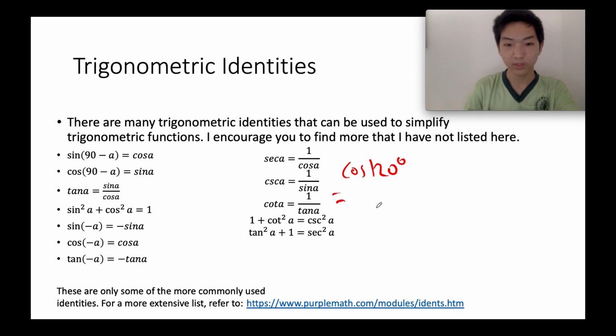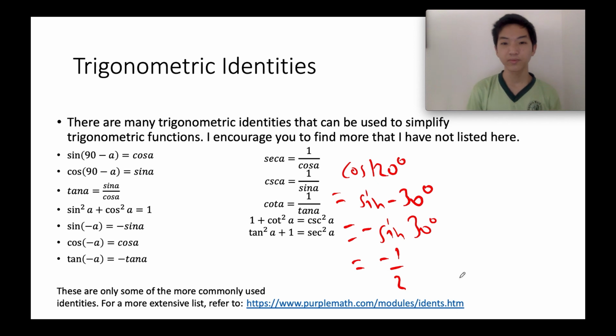So that would be sine of 90 minus 120, which is negative 30 degrees. Then we have sine of negative alpha equals negative sine alpha. So that means sine of negative 30 is equal to negative sine 30 degrees, which is equal to negative 1/2. And we have found the value of cosine 120 degrees.